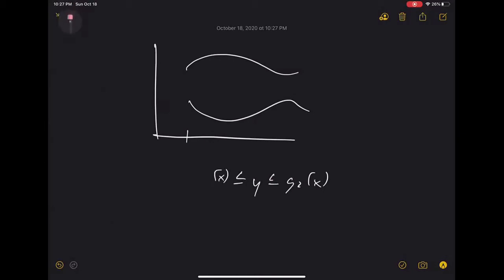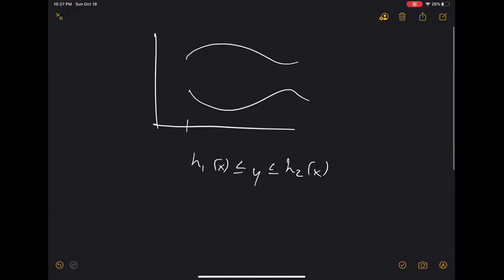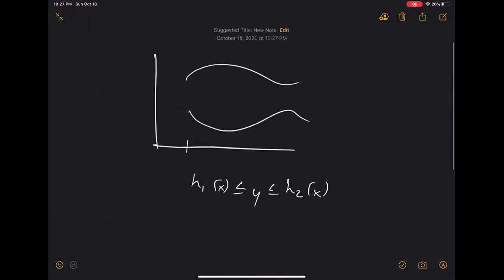What we call them doesn't matter; I'll call them h1 of x and h2 of x. So the y coordinate is bounded by these two functions, and then the x coordinate is just bounded by constants. That's what we mean by type 1 integral.